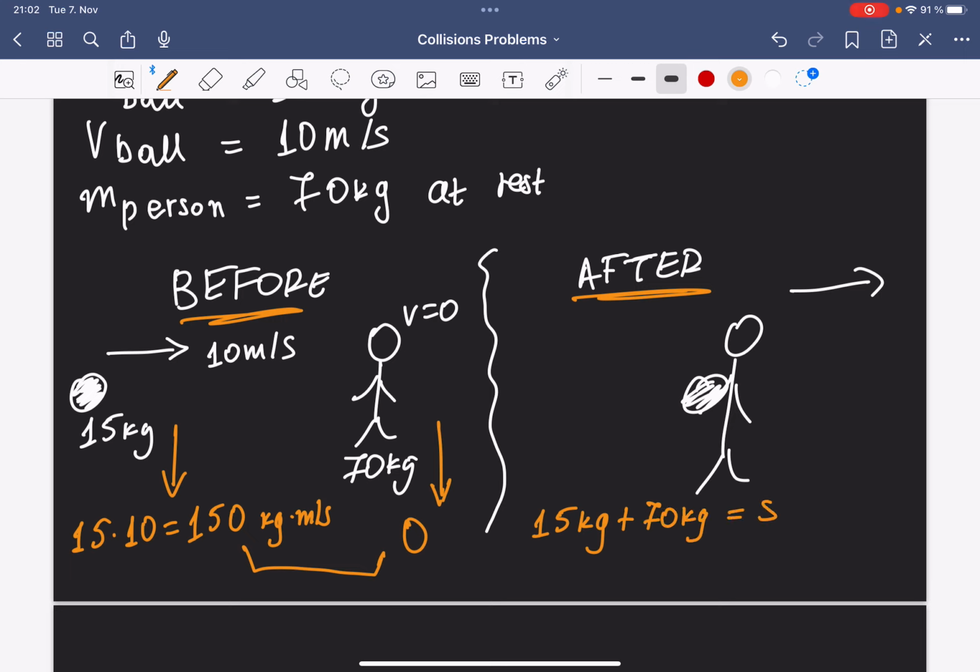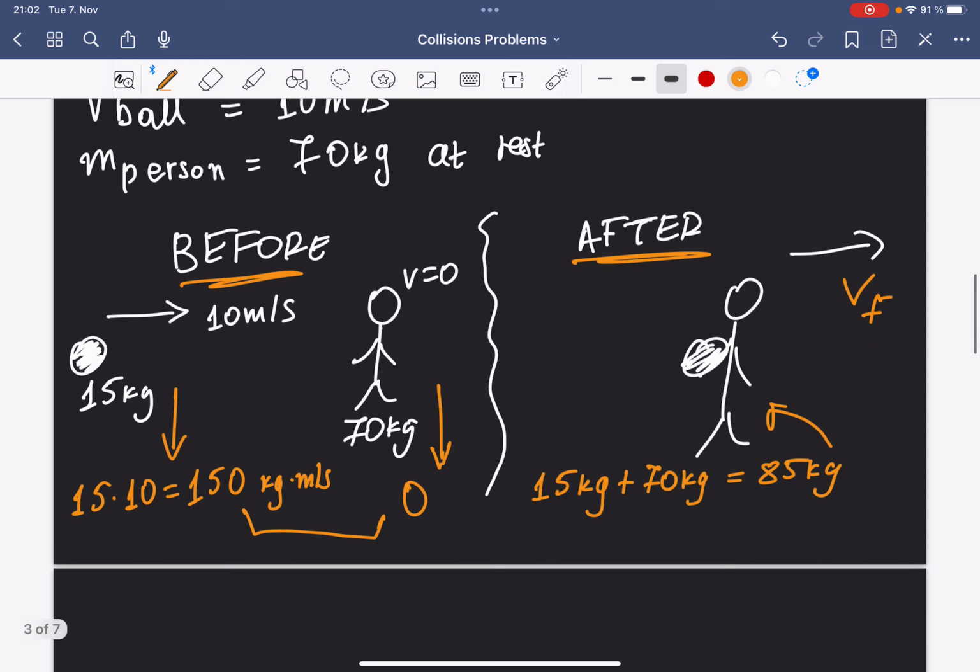So we have 85 kilograms for this body, and it's going to be moving at a velocity v, let's call it vf, as final. So the momentum of the system at the end is going to be 85 times vf.